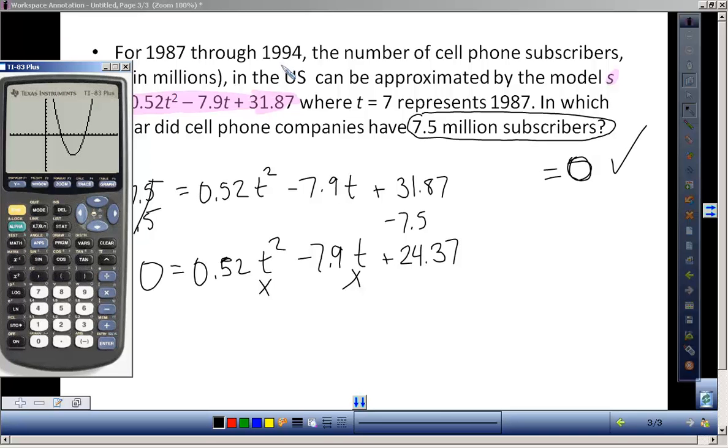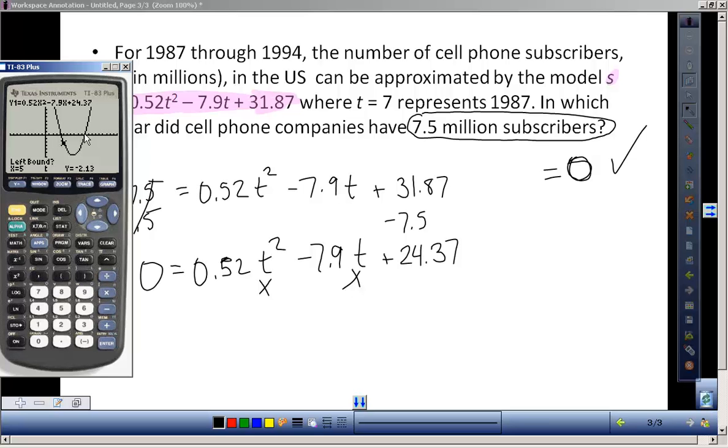Look at our ranges. This is for 1987 through 1994. T equals 7 is 1987. So if I used 4, that's before this equation's even good. This equation was only good for 1987. So I don't want to use 4. I want to choose the one that's actually within that range. So I'm going to try going for this one back here at 11.